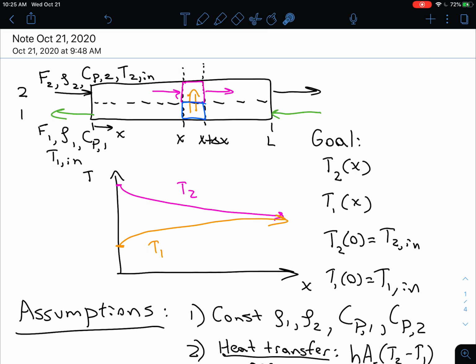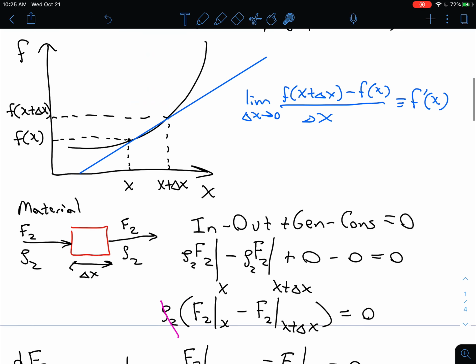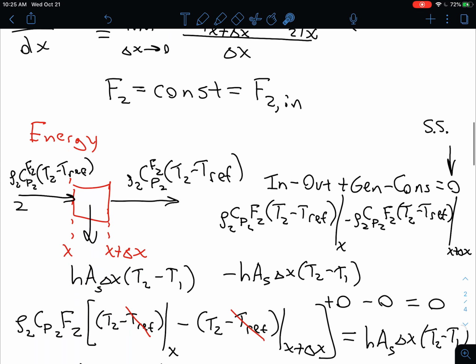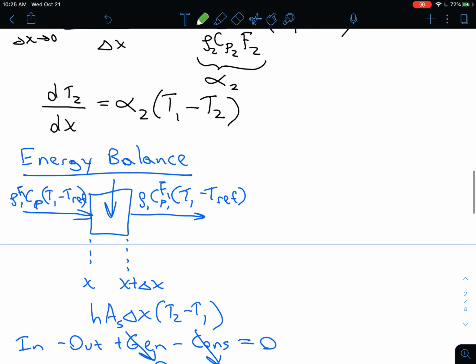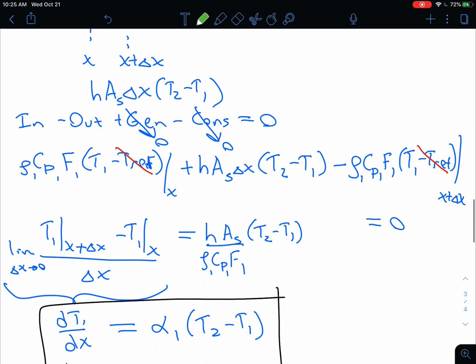Because it only really depends on the temperature at that position. It doesn't actually depend on the flow direction. What does change is this. When you look at the direction of the fluid flow for the balance on stream 1, you change which is an input and which is an output, right?